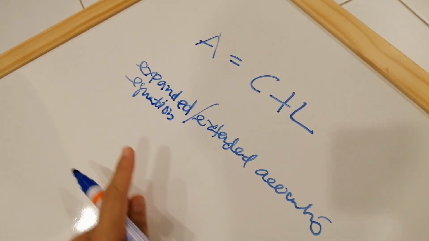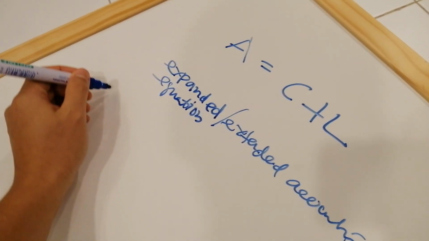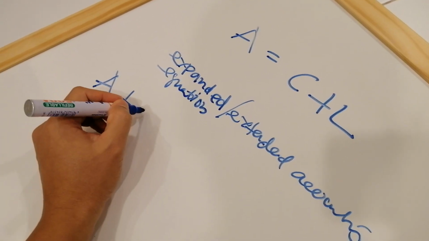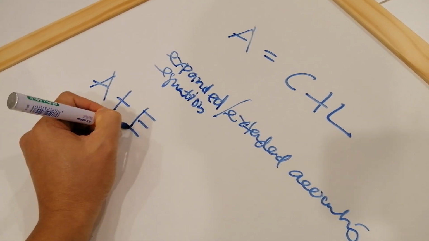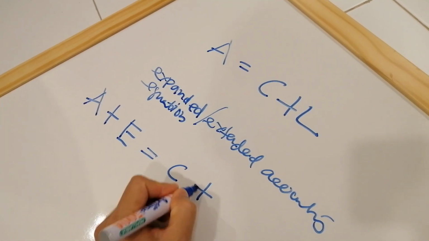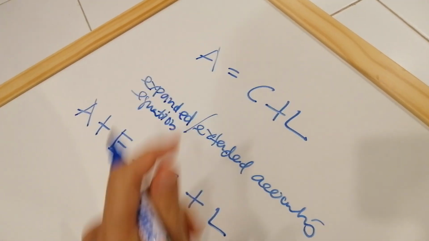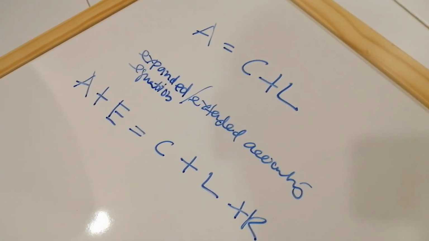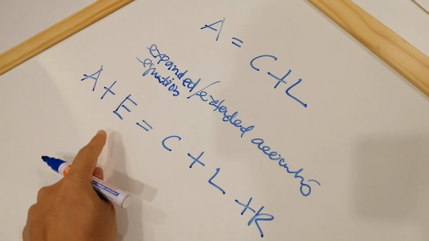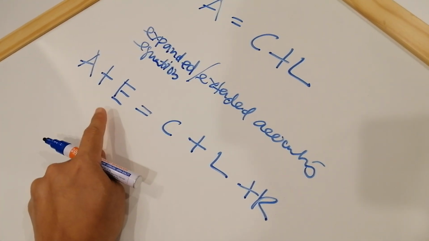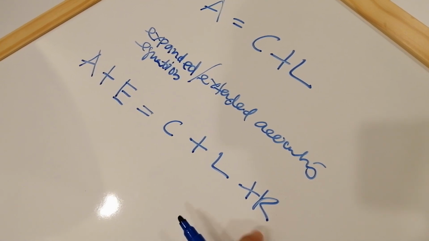For a standard accounting equation, A will have a member with E. E is expenses, equal to C plus L, similar with basic, and plus R. Okay, that's why we call it standard, because we have additional E and also R. E is expenses, R is revenue.